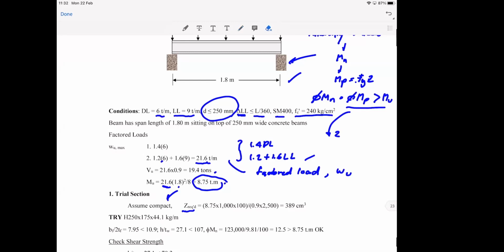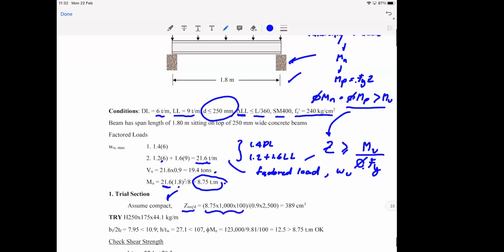Can I write bigger? Oops. Plastic section modulus must be greater than the value of Mu divided by phi, right? You see, phi will divide Mu so that it increases the value. And of course, this is divided by Fy as well. So that's your Mu.